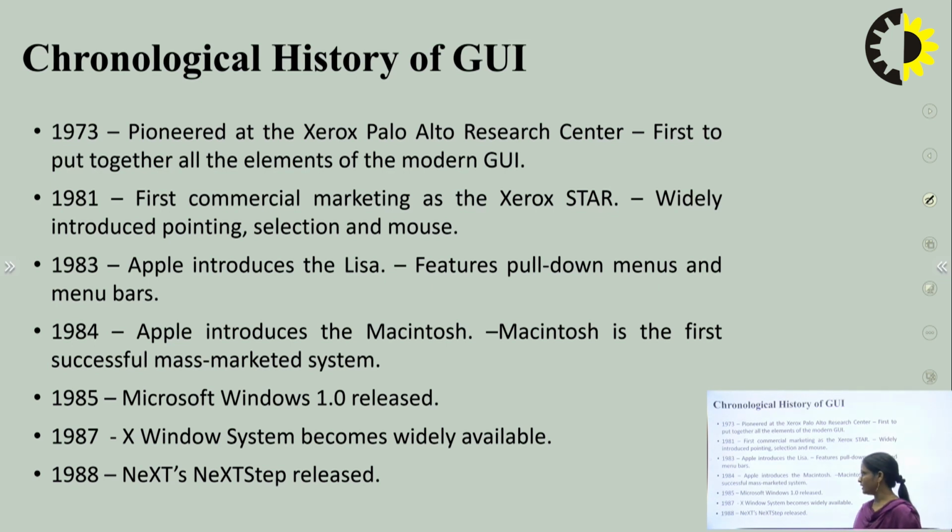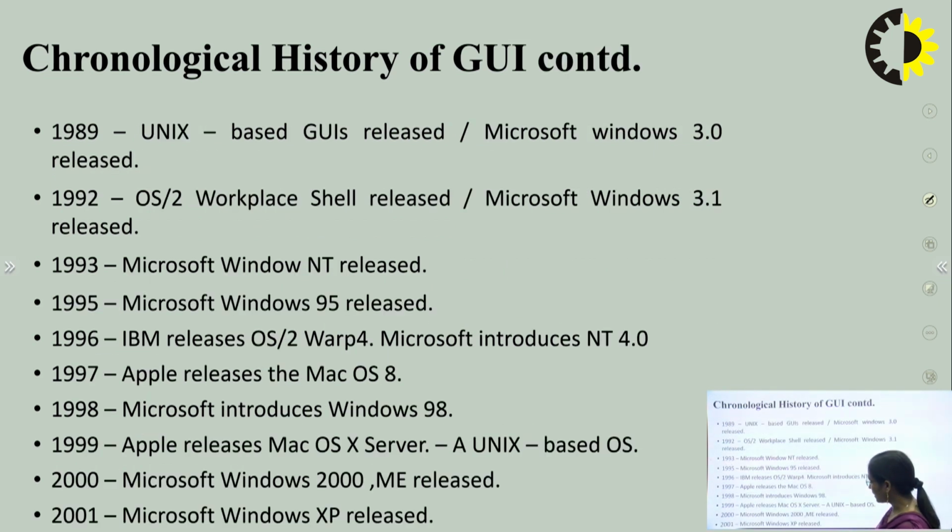Then in 1985, Microsoft came into existence and Microsoft Windows 1.0 is released. In 1987, the X Windows system became widely available, and in 1988, NeXTSTEP released. Then in 1989, a Unix-based GUI released, and Microsoft Windows 3.0 released.